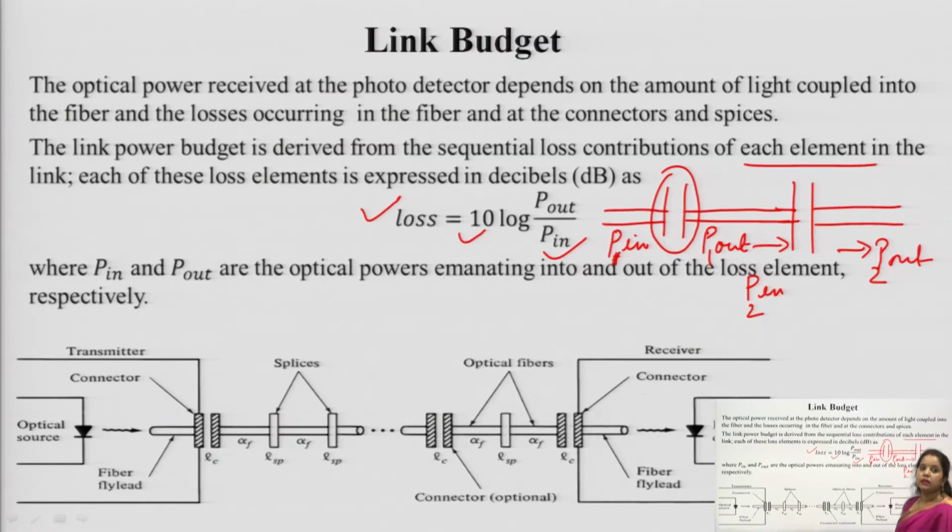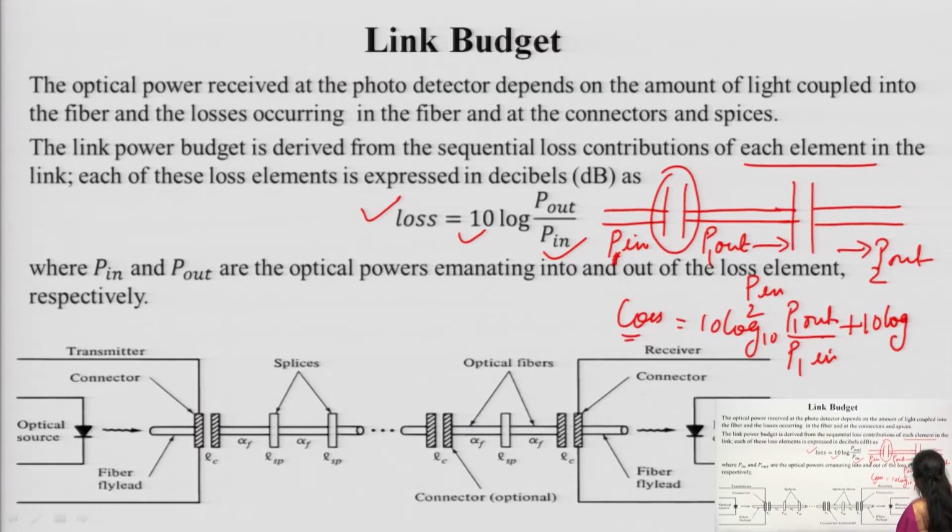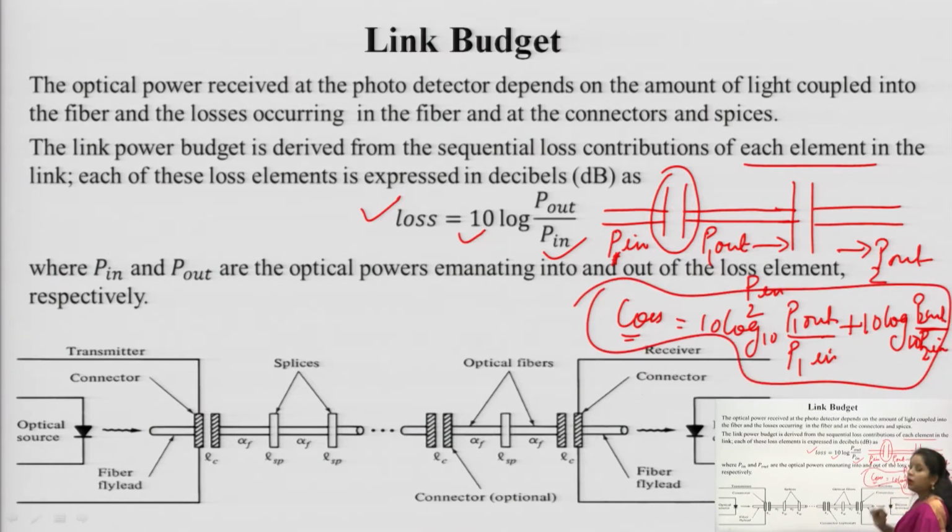In that case, if we want to calculate the loss, it will be 10 log to the base 10 P1 out by P1 in plus 10 log to the base 10 P2 out upon P2 in. So, this will be the complete loss contributed by these two connectors. So, each and every element is considered whenever we talk about the link budget.